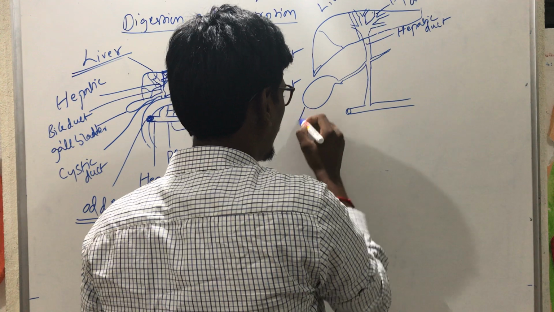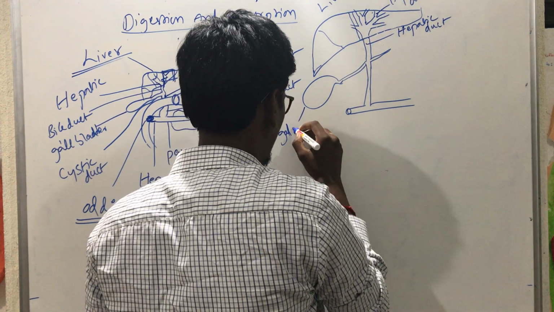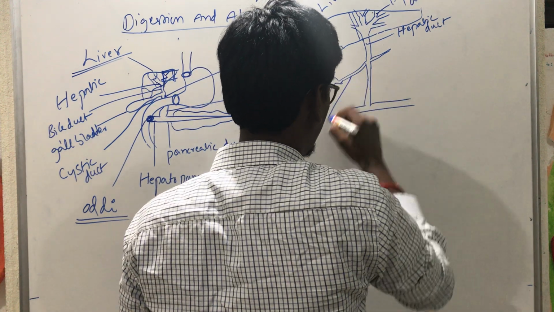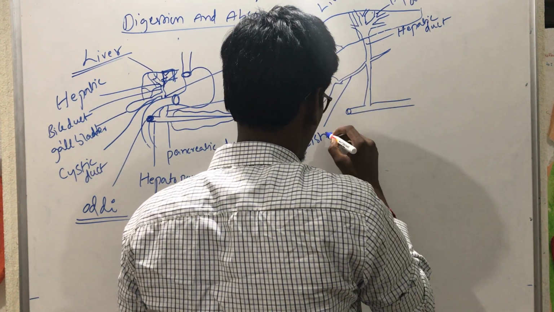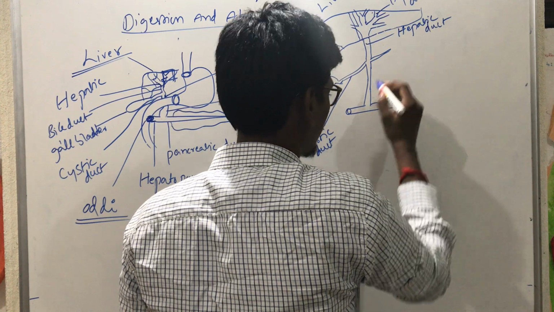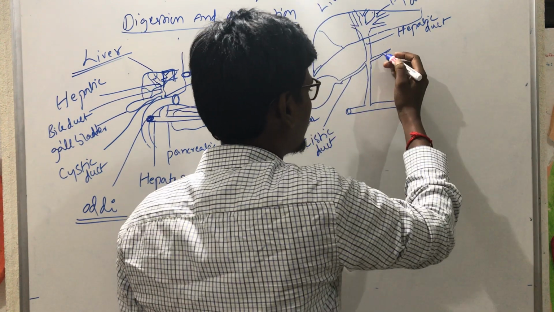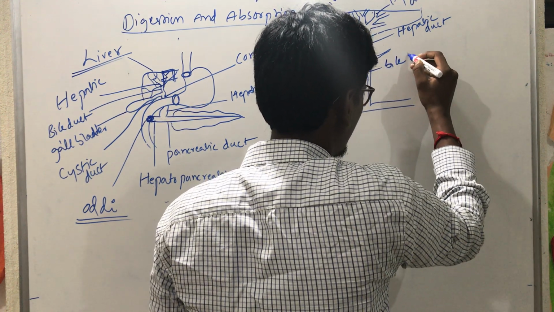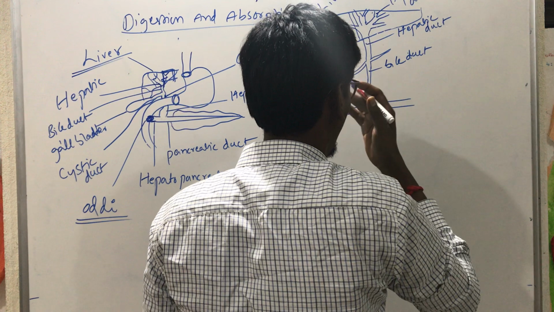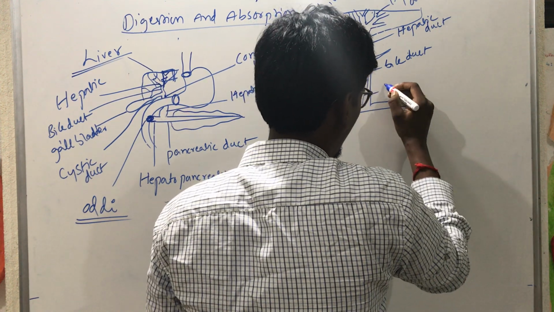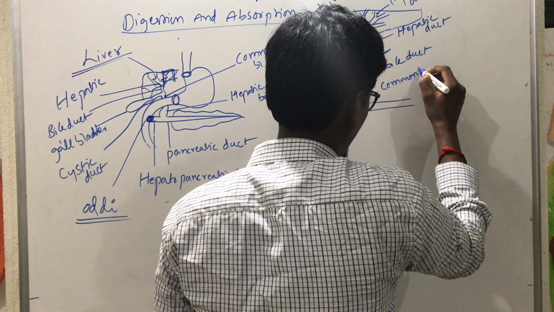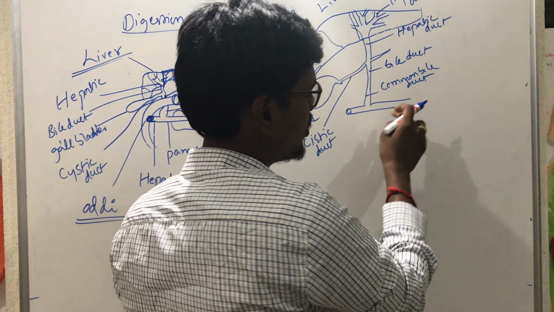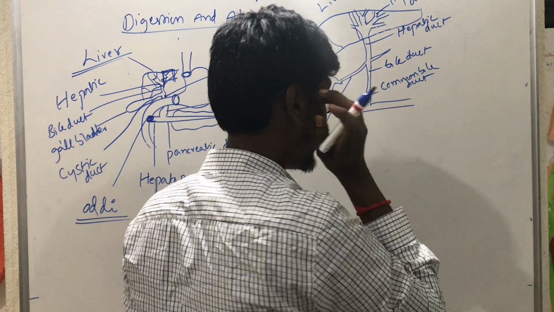Okay, this is called the gallbladder, and this is the cystic duct. This is the bile duct. This is called the common bile duct. This is the pancreatic duct and the hepatopancreatic duct.